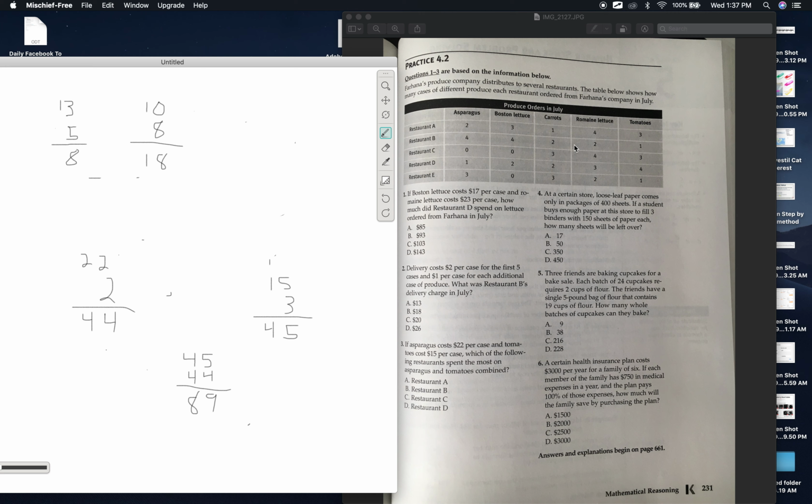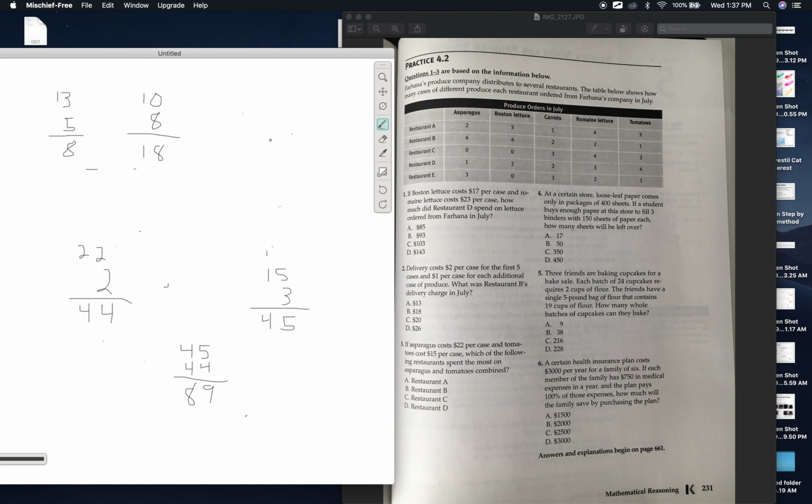Okay, so I'm pretty sure, well, I'm not pretty sure, I am sure that it's Restaurant B. I would just go ahead and pick Restaurant B, but I'll go ahead and do the calculation just to make sure it's not Restaurant A.